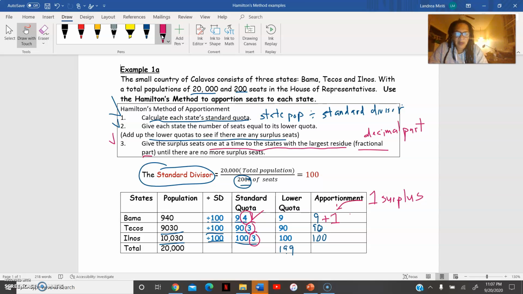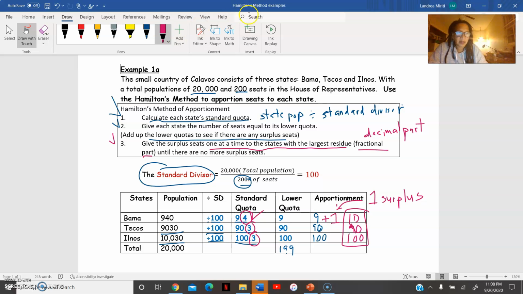So the final amount then is 10 trucks for Bama, 90 trucks for Tecos and 100 trucks for Ilnos, and that's the final apportionment.